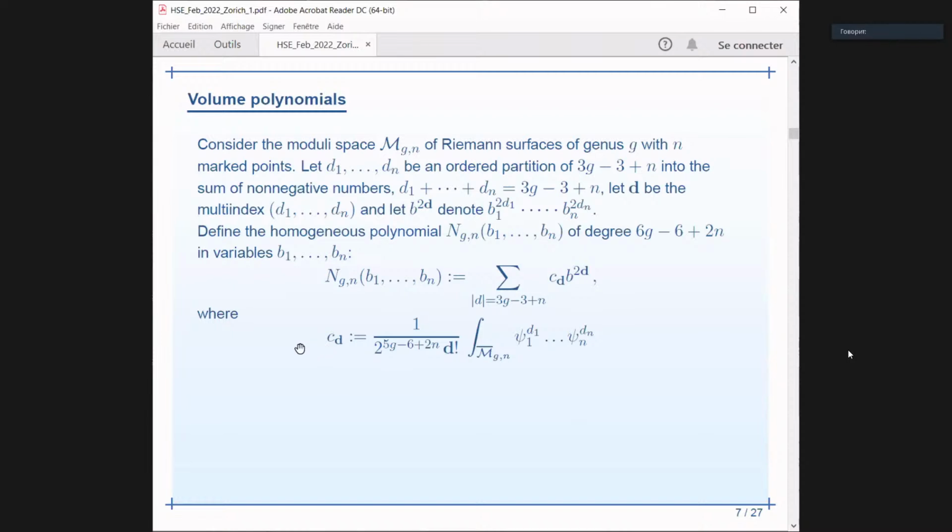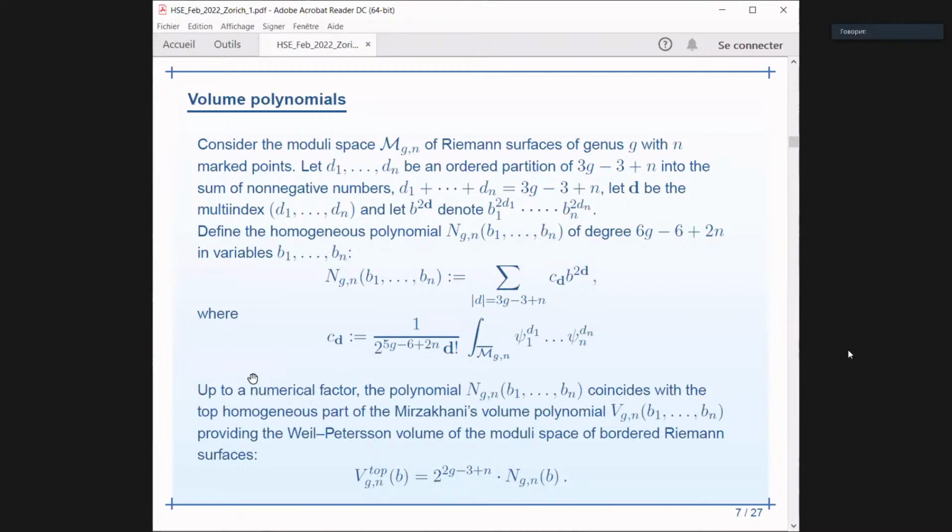Now, I said that it's a purely formal operation, but actually one of the reasons why this choice of weights is really reasonable is that this polynomial has geometric meaning. Up to a factor which is a very explicit power of 2 depending on g and n, the polynomial which I constructed is responsible for the Weil-Petersson volume of the moduli space of bordered Riemann surfaces.